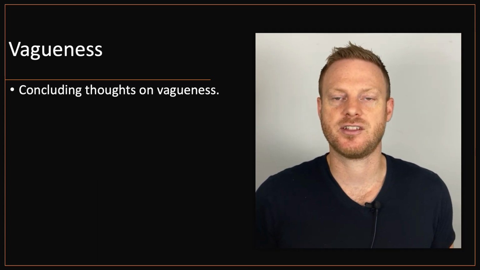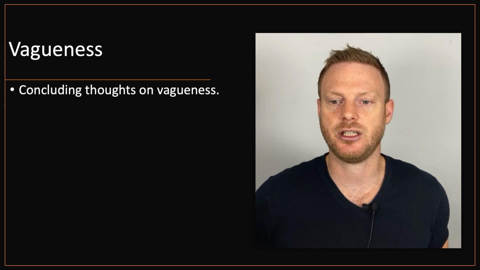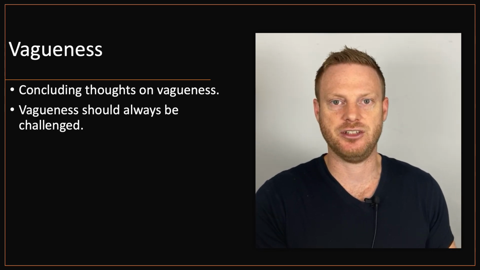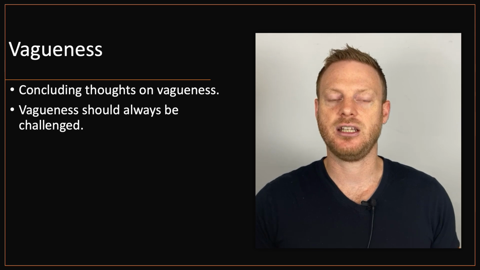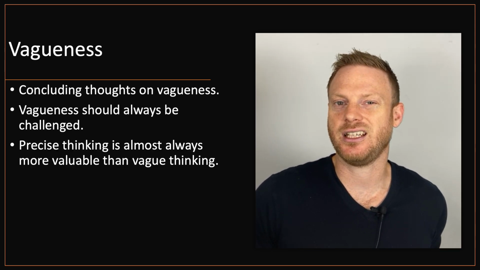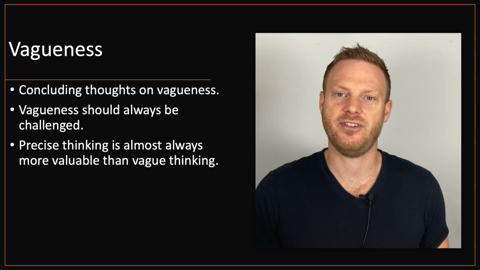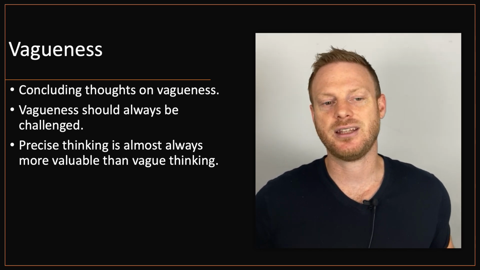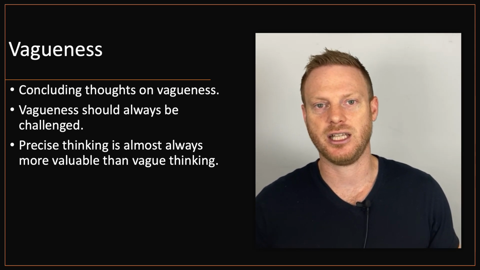Here are some concluding thoughts on vagueness, just in terms of critical thinking. If you're in a debate and you hear something vague, always challenge it. Vagueness itself should always be challenged. Precise thinking is almost always more valuable than vague thinking, especially when it comes to critical thinking. Now you might think there are some vague thoughts in, like, music appreciation.